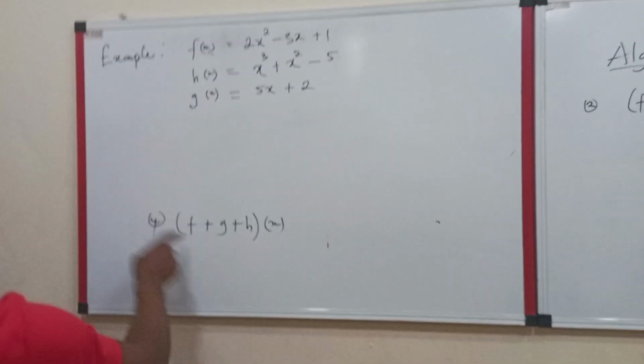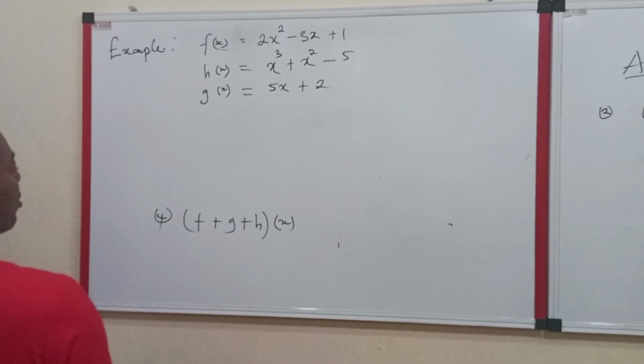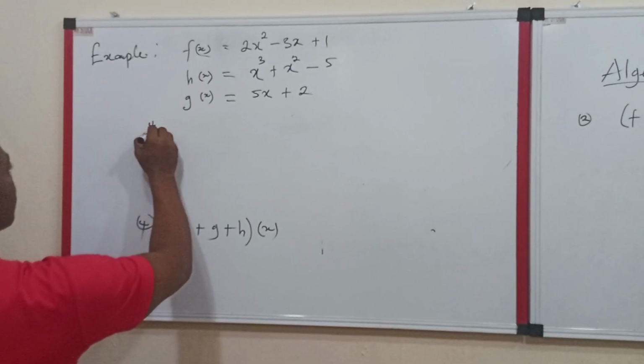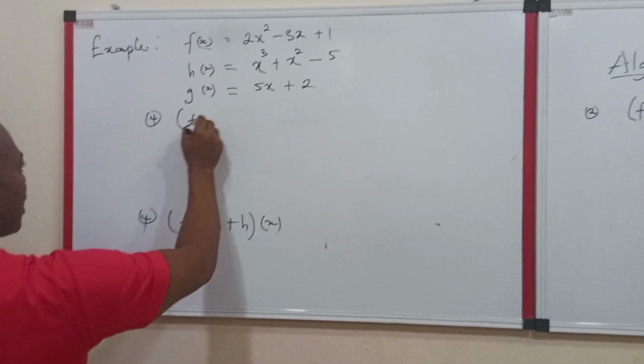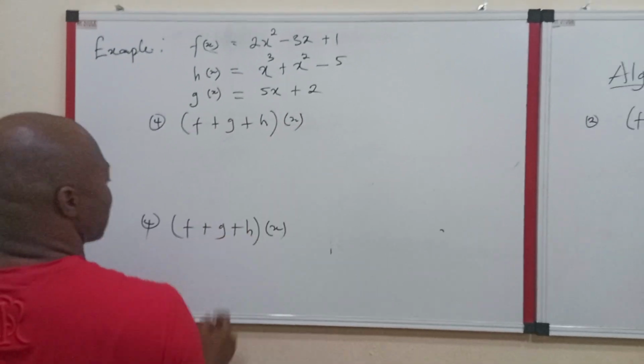Now, what we want to do is this one. So we have, that's number 4. Number 4 is f plus g plus h, all of x.